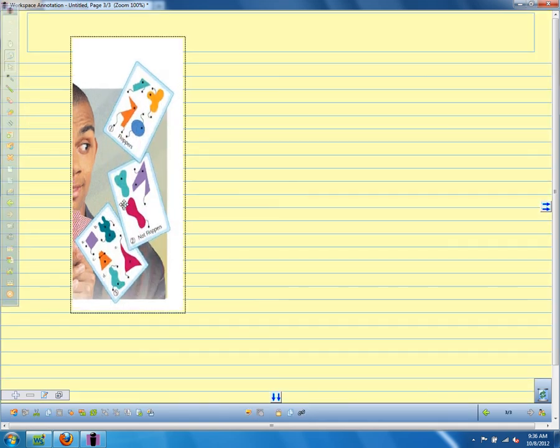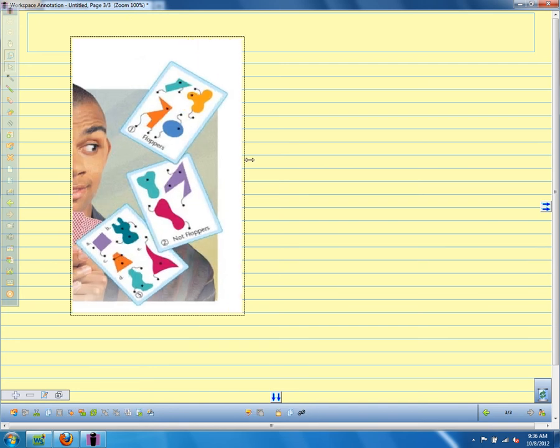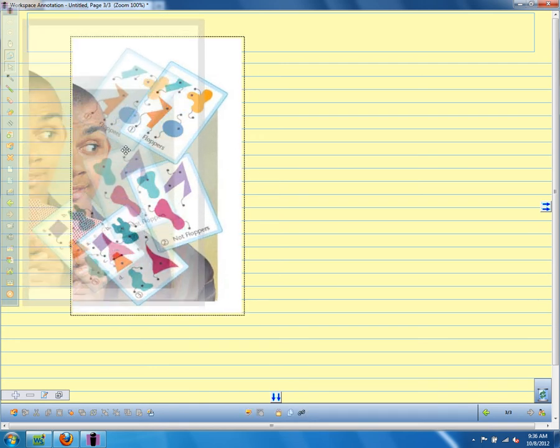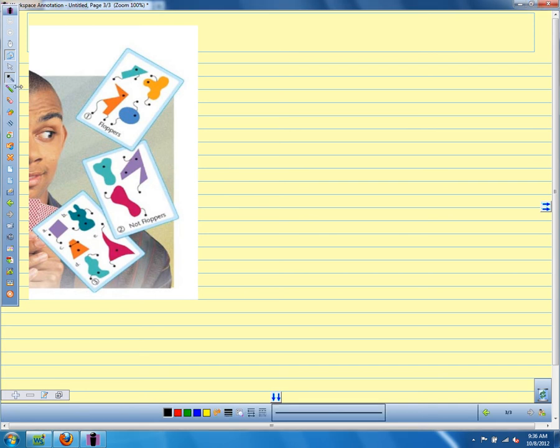Let me make this a little bigger. All right, so here is a picture of some cards, and up here are things that are floppers, and here are things that are not floppers.